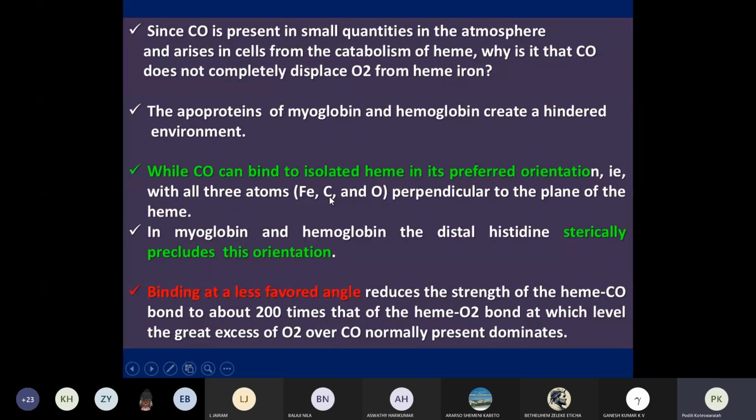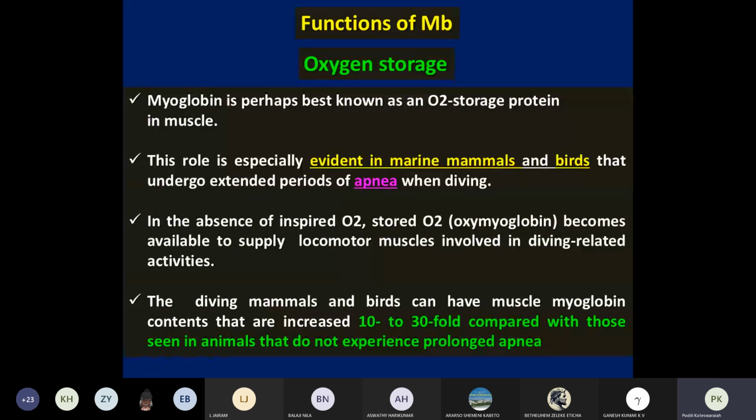And then, as we already said, the main function of myoglobin is oxygen storage, and it is very well evident in many marine animals. They live for a longer period diving under the water, because the concentration of myoglobin in their muscle is many folds higher than in terrestrial animals.